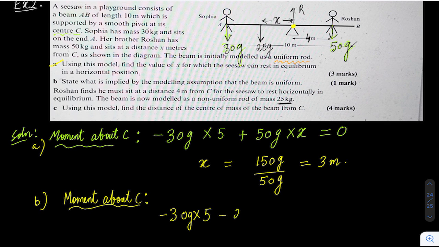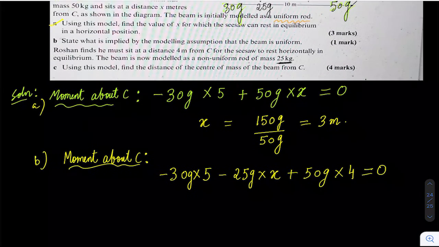So anti-clockwise means negative. So minus 25g into perpendicular distance, that is x, that we have assumed. For R it's 0, you don't have to write. And for 50g, this will be clockwise moment, right? So clockwise moment means plus 50g into 4. So this must be 0.